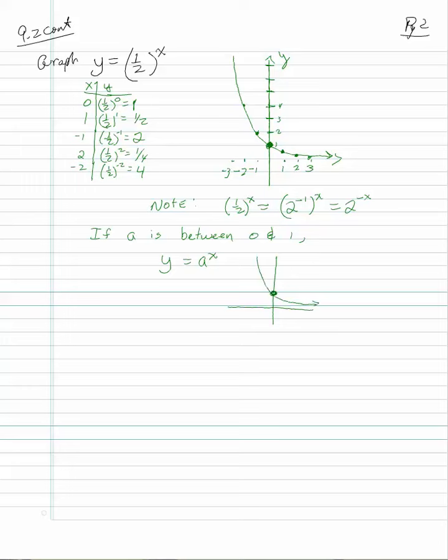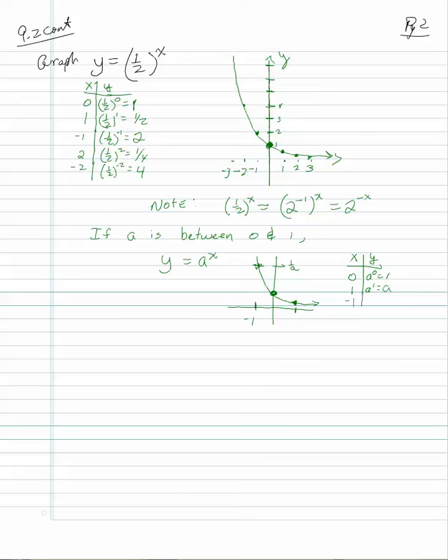And again, this is 1 over a. And then this would be a down here. So if you do those same 3 points, x, y, 0: a to the 0 is always 1. A to the 1 is a. But remember, a is a fraction, so it's right here.